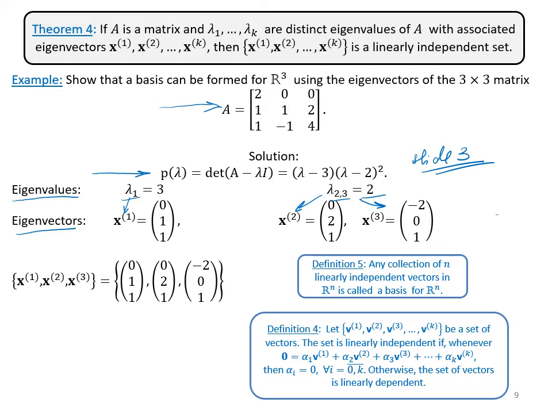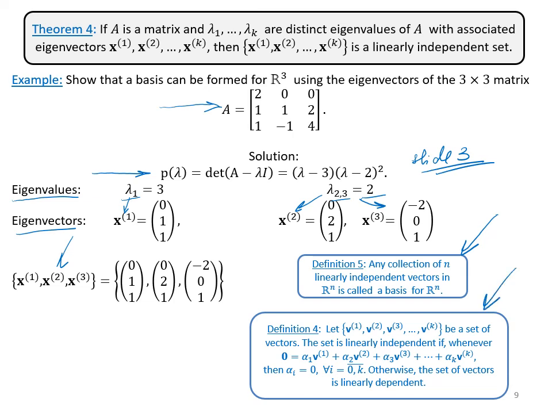If we recall the definition 5 from previous slides, any collection of n linearly independent vectors in Rn is called a basis for Rn, which immediately implies that we should show that this set of these three eigenvectors is linearly independent.